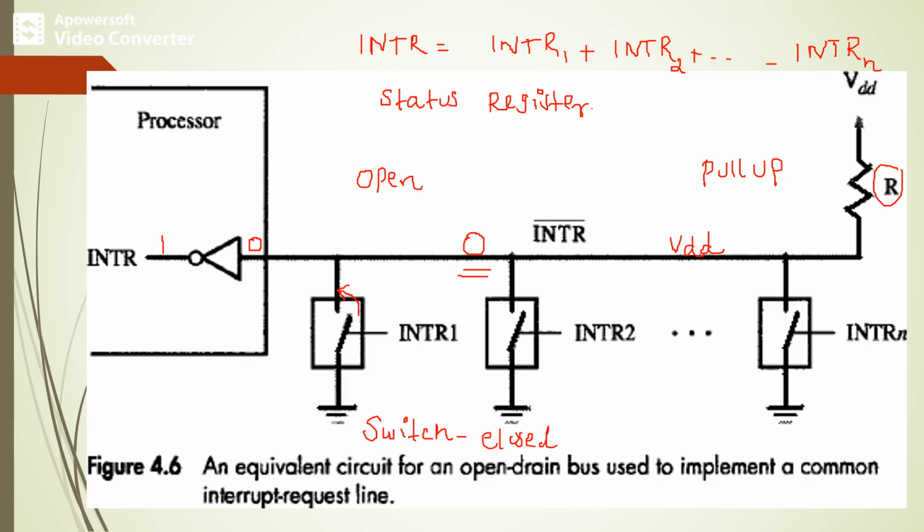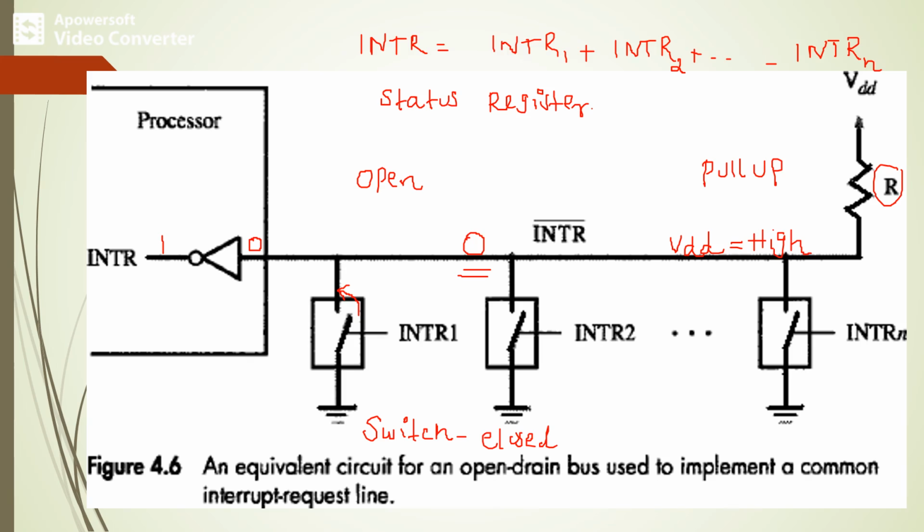Whenever the switch is open, the voltage across the single interrupt request line is somewhat high. Suppose this voltage is not exactly equal to the maximum voltage VDD. We have the pull-up resistor, which will boost the voltage up to VDD.